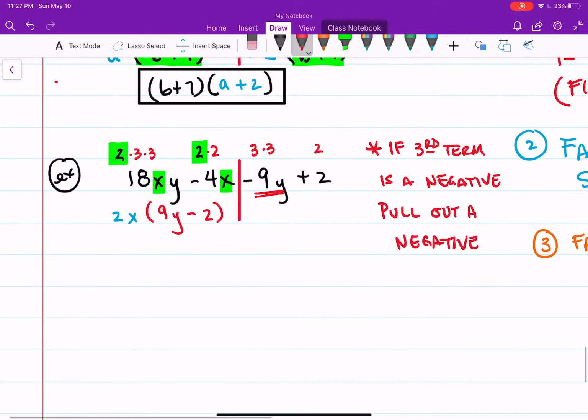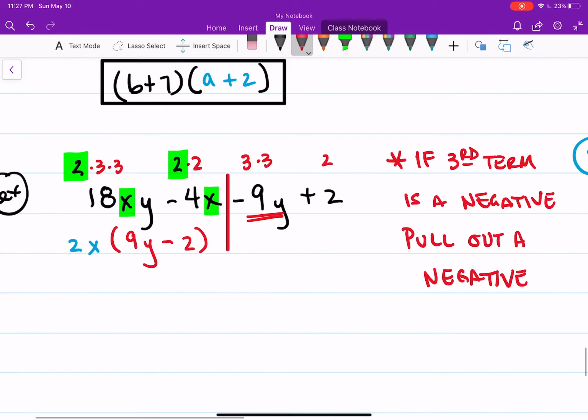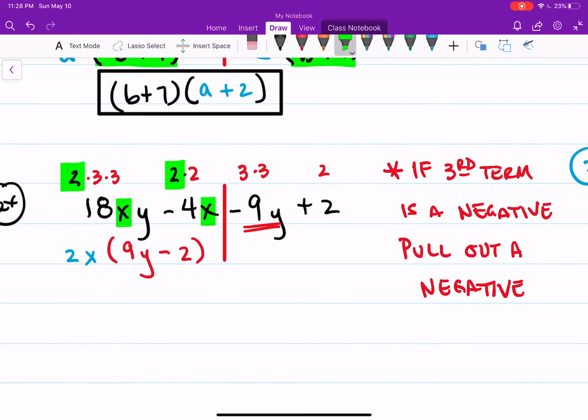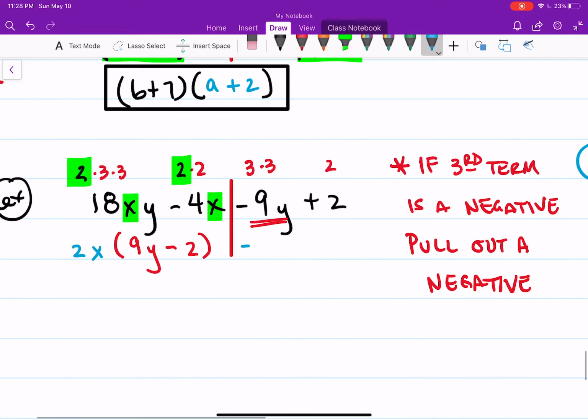In other words, my GCF wants to be a negative, all right? So I already know I'm gonna pull out a negative, but let's look at what's in common first, okay? So, can I pull a 3? No. Can I pull a 2? No. I have no other GCFs, but I do know I'm gonna pull out a negative 1.